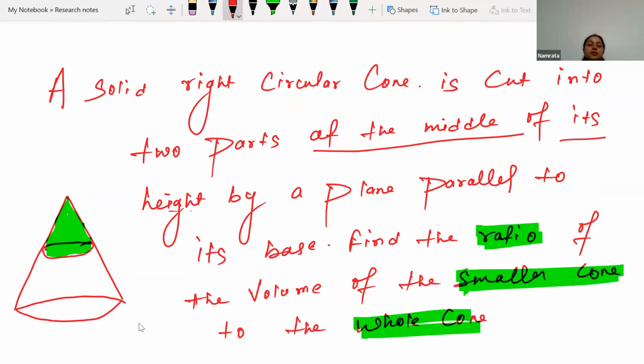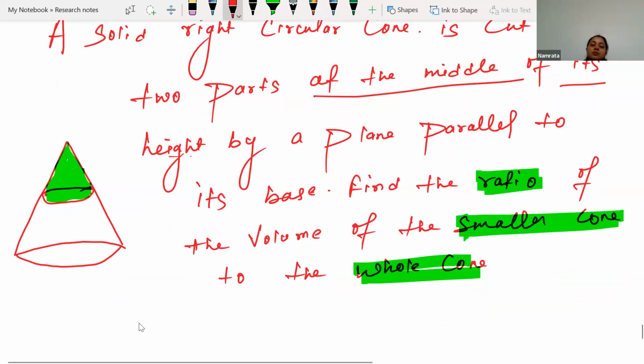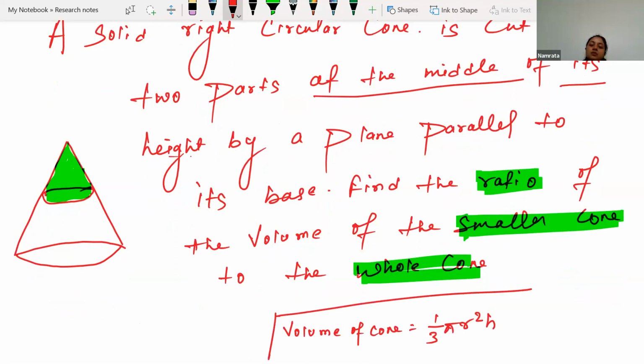The volume of a cone is 1/3 of the volume of the cylinder. That's why the formula for the volume of the cone is 1 by 3 pi r square h. Does everybody know this formula?